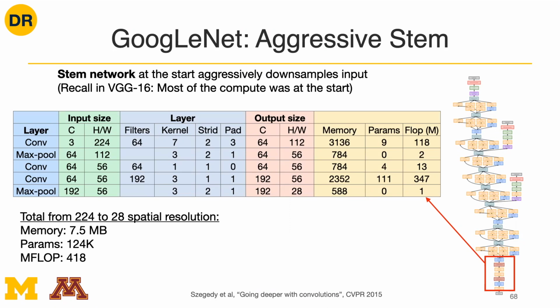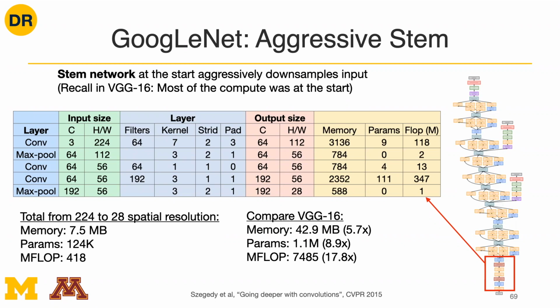So for instance, going from 224 to 28, it uses 124,000 parameters, whereas VGG was using 1.1 million parameters. So it's cut down by a significant amount. These are some of the things that GoogleNet was doing to improve the efficiency.